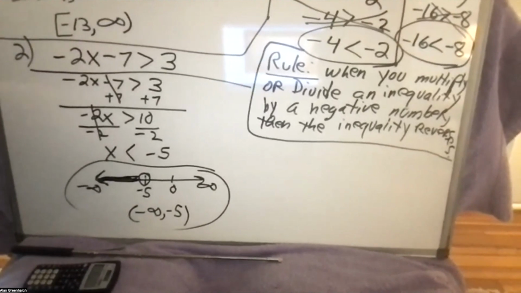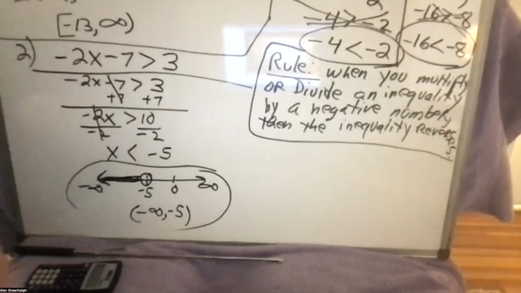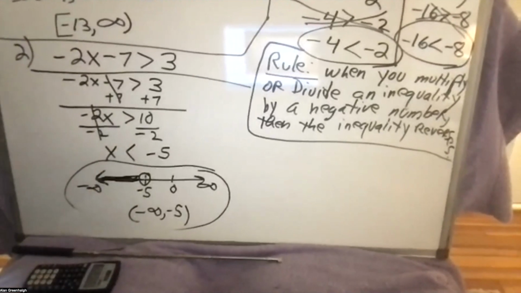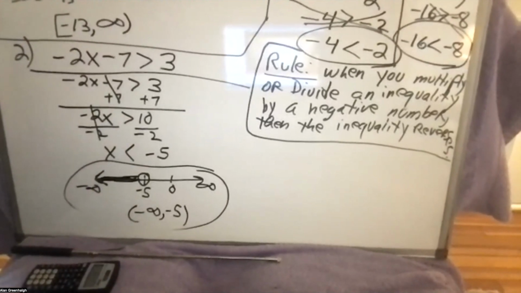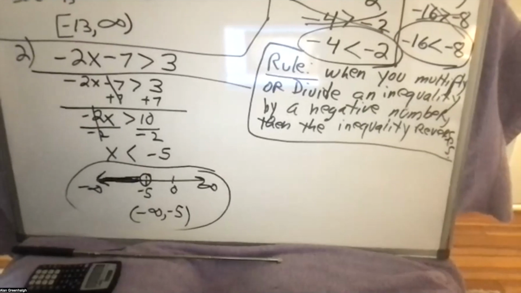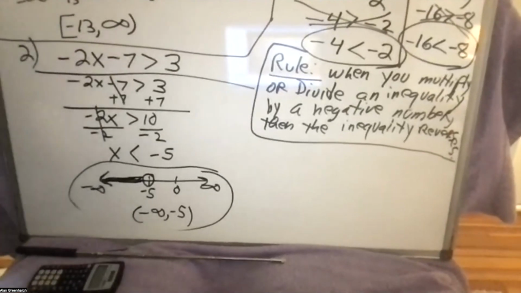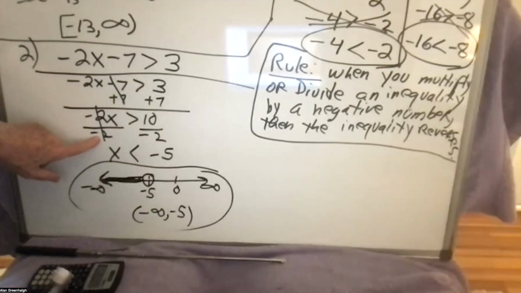Outstanding point, because you're repeating something that will help other people. Stephanie, go ahead. What would be an example of multiplying instead of dividing? That's a very good question. When I said when you divide by a negative number, I almost was thinking, forget about multiplication. That doesn't happen that often.